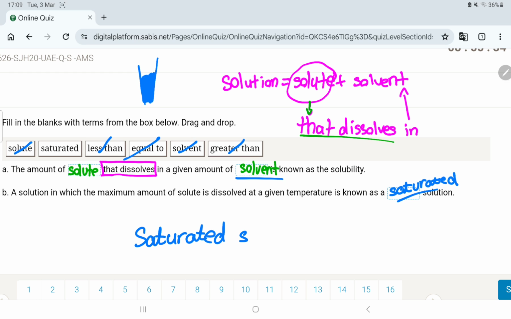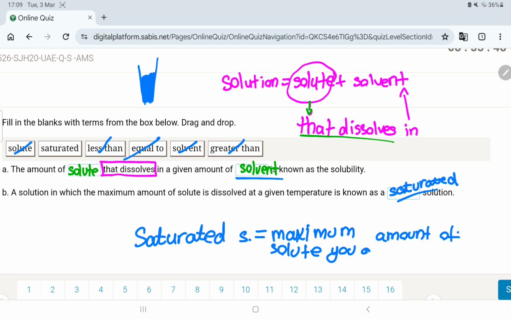A saturated solution is the maximum amount of solute you can dissolve. For example, here I'm gonna have a small glass of water.